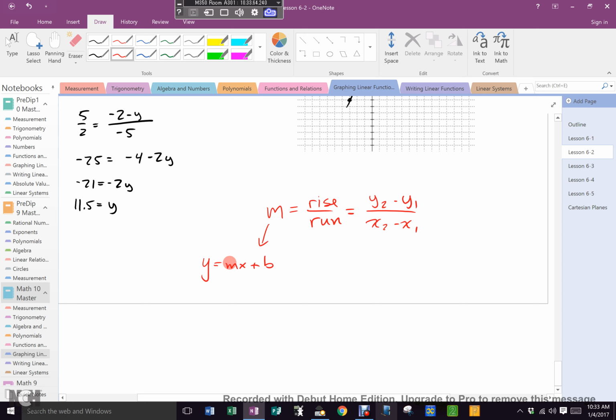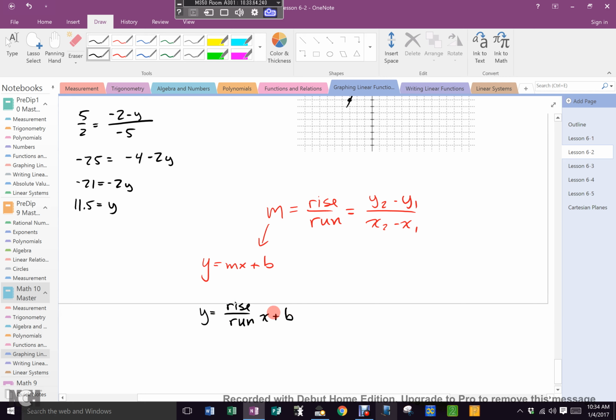Now, guys, I would like to point something out to you that often gets missed by kids. If m works in this equation, will this work in the equation? Yes, because that is m. So could you do y equals rise over run x plus b and still get your intercept?